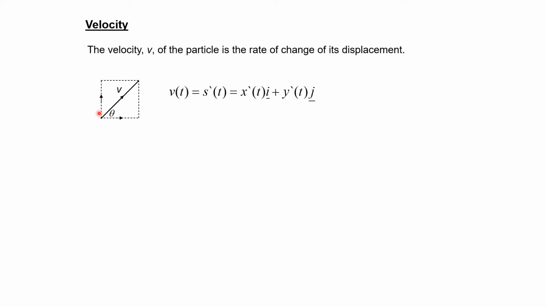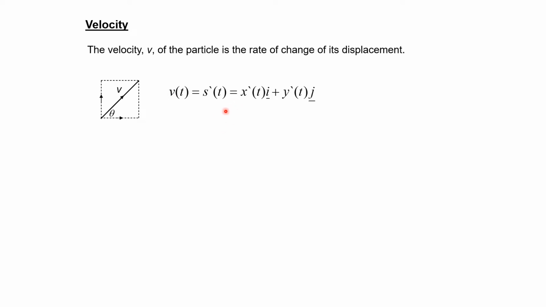Velocity is the next property that we're going to look into. Velocity basically represents the rate of change of a particle's displacement, and velocity can be represented in a diagram in such a way where we are aware that ds/dt is actually v.